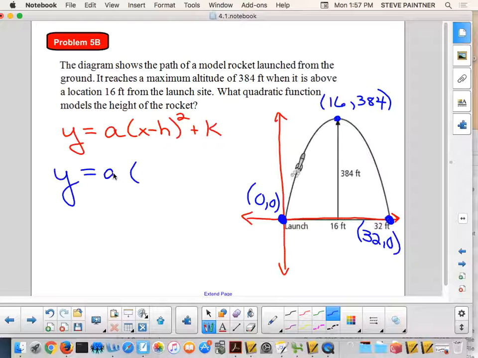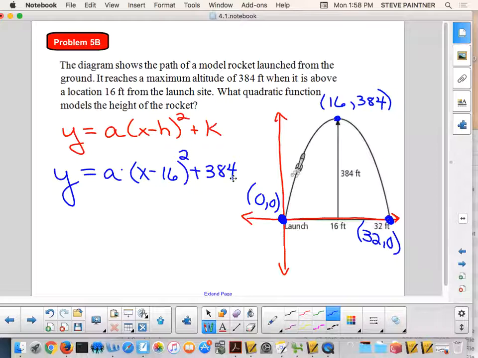We don't know A, but what am I going to write here now? Plug in minus 16, because you went right 16. Plus 384. So the hardest part is going to be, is this stretching it? Is it compressing?